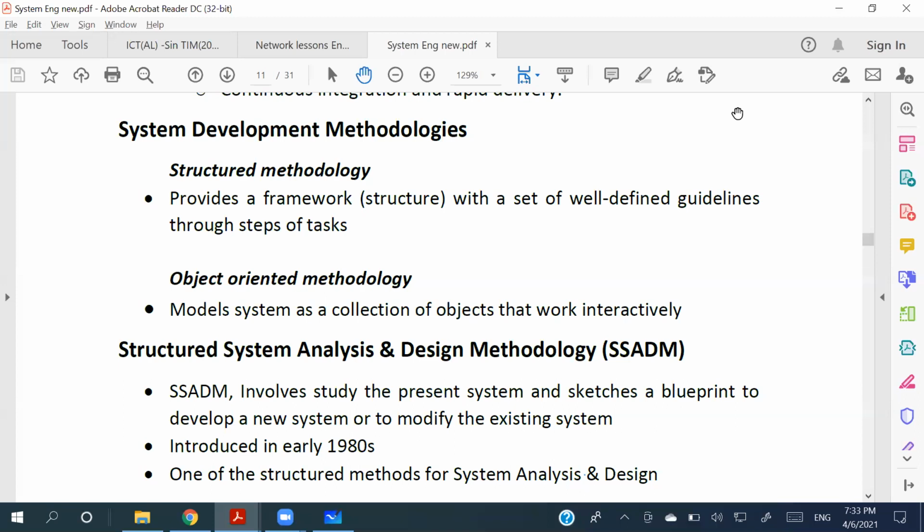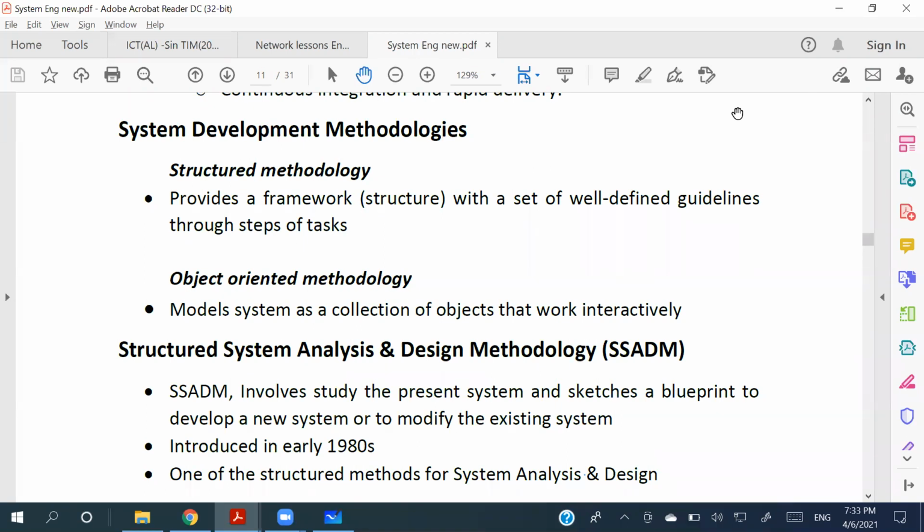In object oriented methodology, they are not making the whole system at once, they are just collecting the objects which are able to perform a particular task. So structured methodology has a specific structure for how we are going to do that. But in object oriented methodology, they recognize the objects first, then using the objects, they create what other things are to happen.